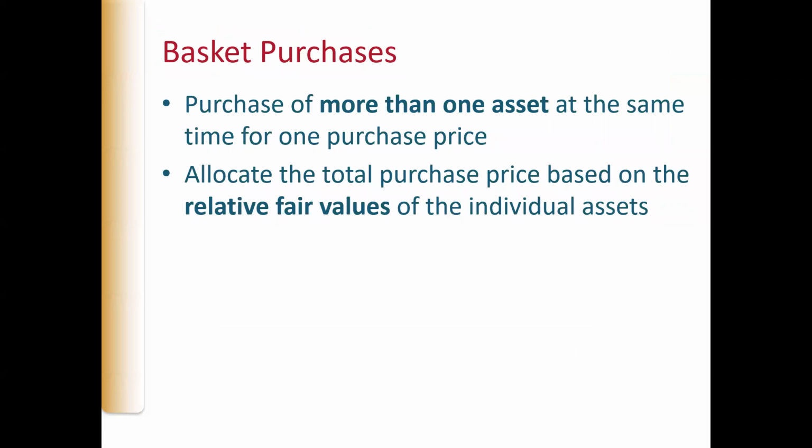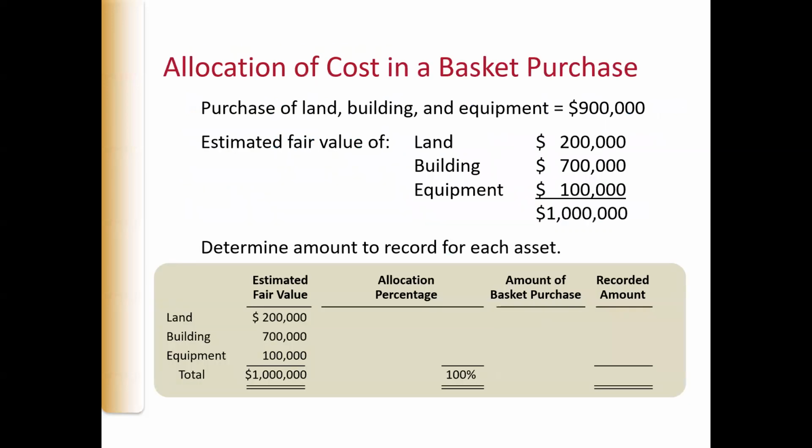Oftentimes, individuals purchase a group of assets at once. A basket purchase is what we call them. What we do in determining how we allocate those costs is we take the purchase price and we base it on the relative fair values of the various individual assets.